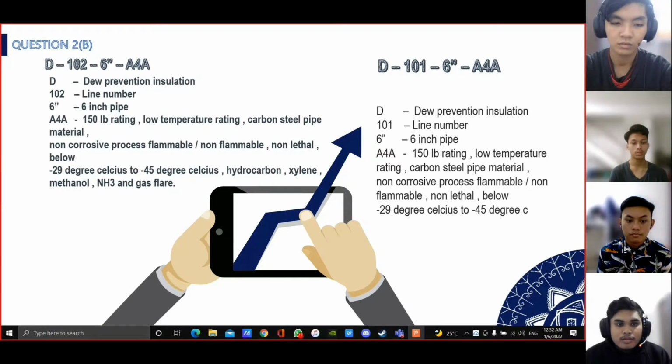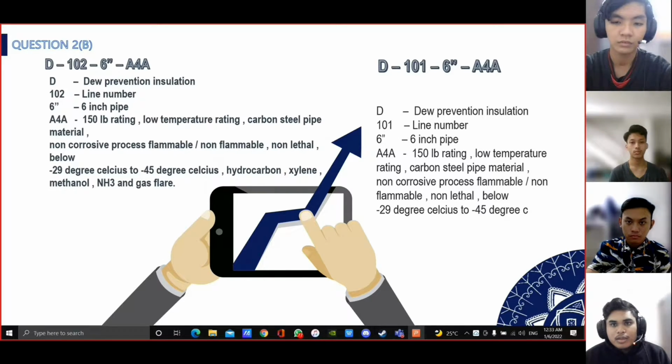A4A is a 150 lb rating, low temperature rating, carbon steel pipe material. Non-corrosive, process flammable or non-flammable, non-lethal, below negative 29 degrees Celsius to negative 45 degrees Celsius, hydrocarbon, silanes, methanol, NH3, and gas flare.